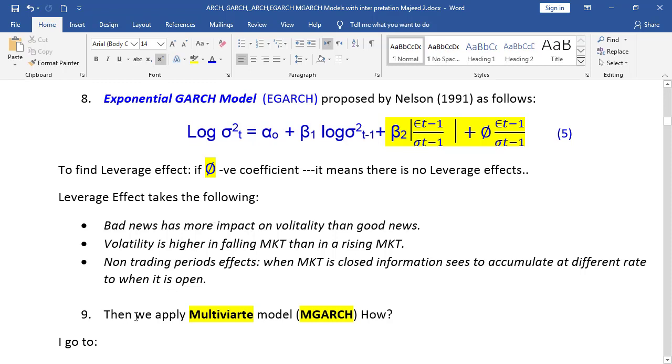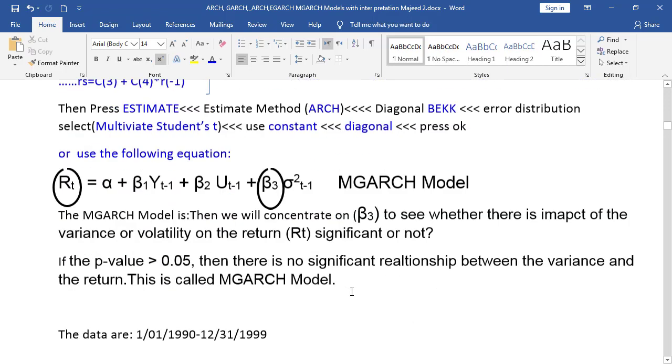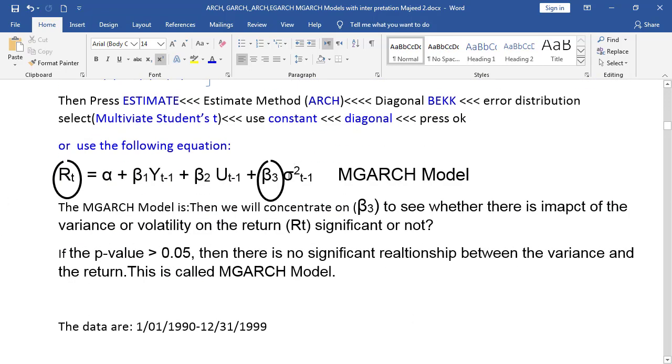And finally, we apply the multivariate or MGARCH model, and this is the equation here. We are concentrating on the B3 coefficient in the MGARCH model. We will concentrate on B3, or beta 3, to see whether the impact of the variance of volatility on the return R_t is significant or not.